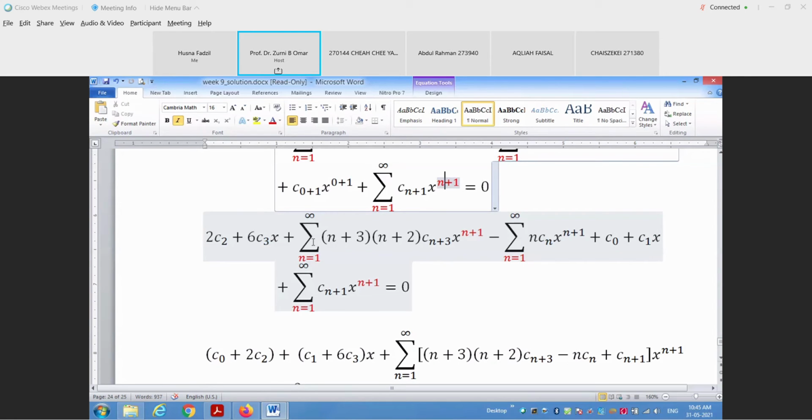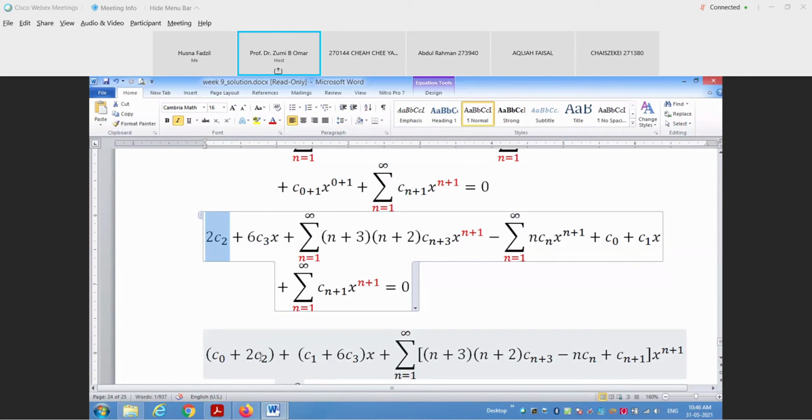Now we compare this. You have 2C2 plus 6C3x, and here C0 plus C1x. Here we have all the constants: 2C2 plus C0. So you combine the constant terms: C0 plus 2C2.